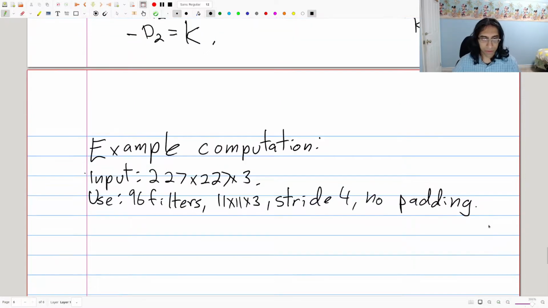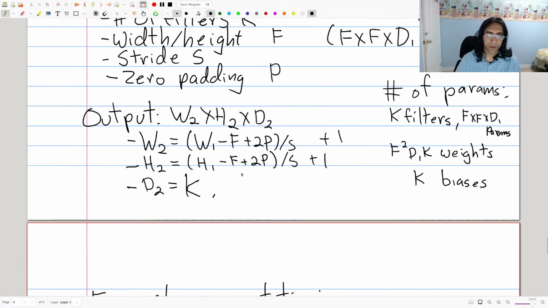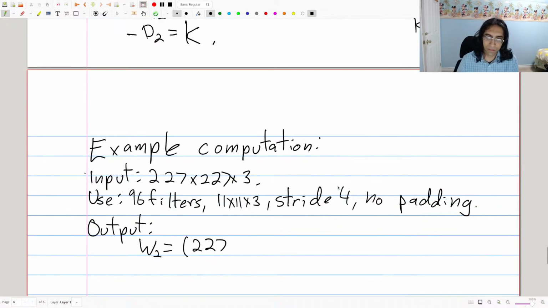Well, okay, what is the size of our output? We have these expressions above, which we just wrote down. The first one, W2, is equal to W1, 227, minus F, which is the width and height of the filter, plus 2P, divided by S. So this would be minus 11, because it's 11 by 11 by 3, then plus 2 times 0, because the padding is 0.